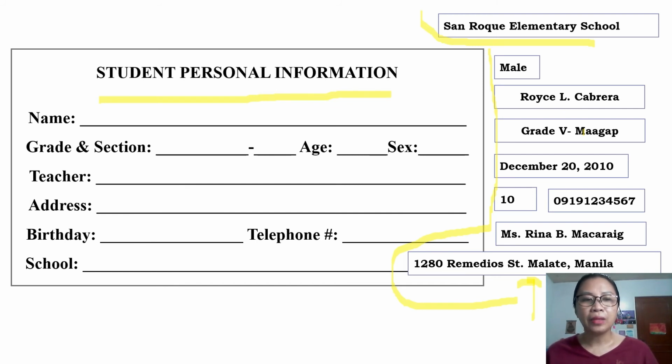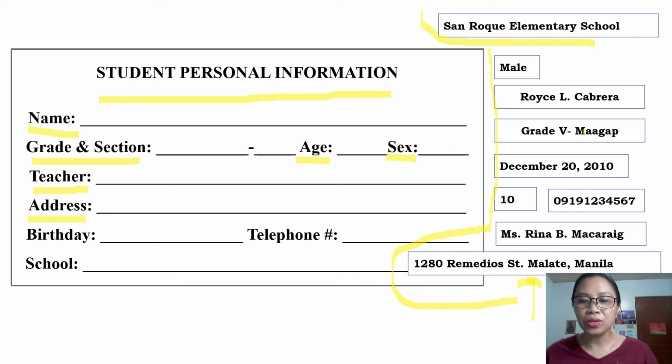Okay? So what do you think is the name of the child? Or what grade and section is he in? What do you think is his age, his gender or sex? And his teacher, what do you think is the name of his teacher? His complete address.